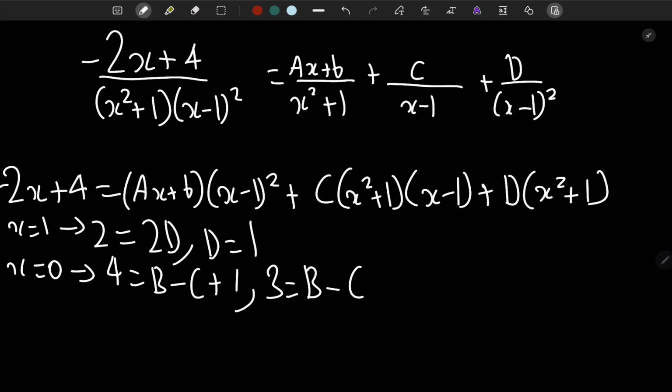Let's substitute 2 in x here, so we are gonna get minus 5 is equal to 2a plus b plus 5c.